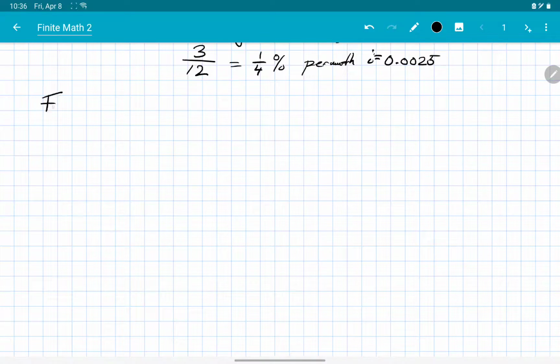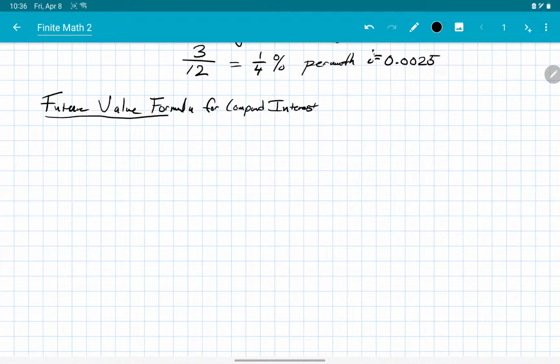The future value formula for compound interest. Okay, there's a bunch of variables in this. P is the principal, so that's the amount that is invested initially.